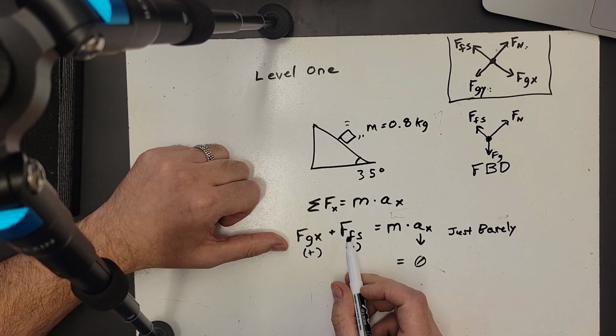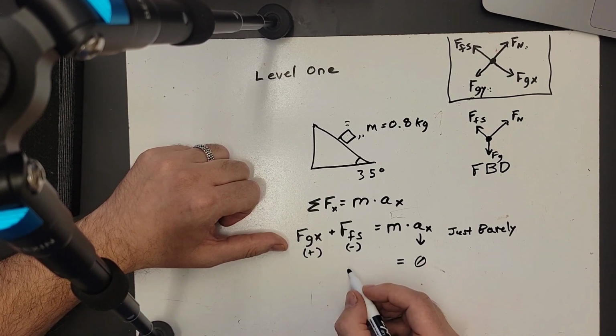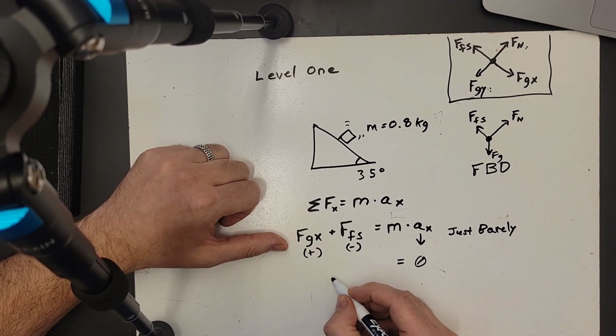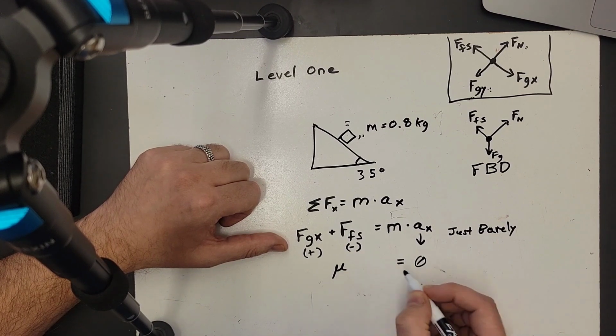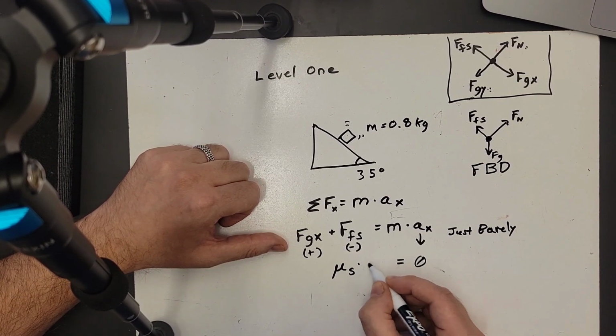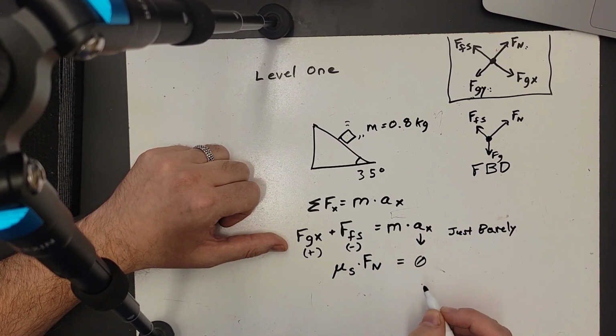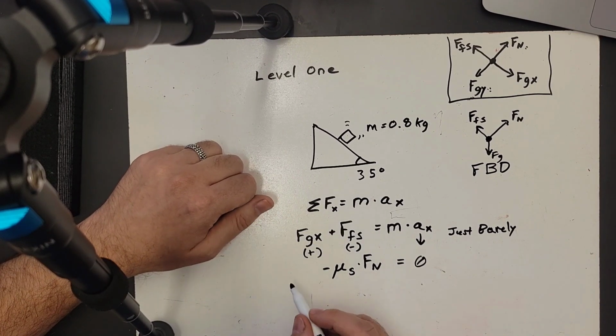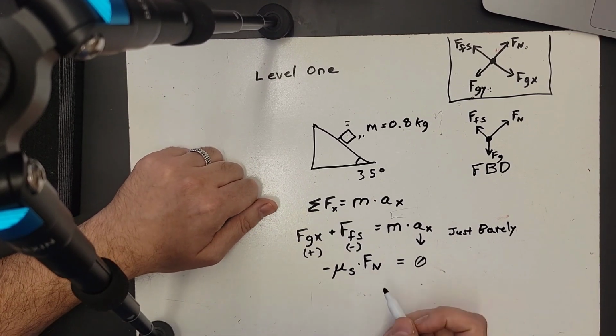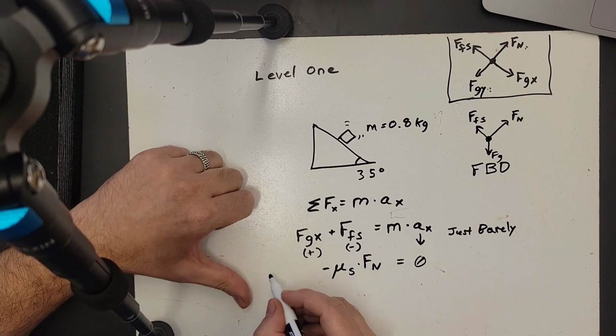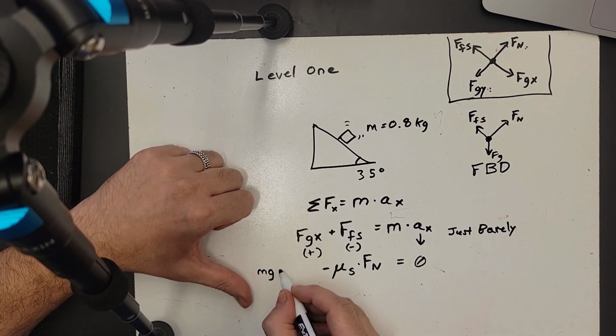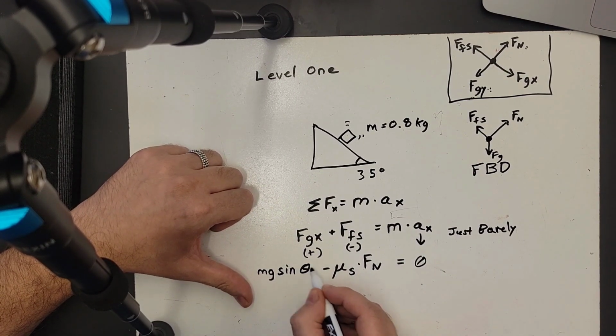Okay, and then static friction force, that's going to be the coefficient of static friction times normal force. And I'm going to subtract that from Fgx, which in this case is mg sine theta.